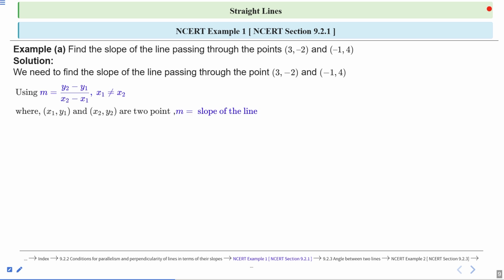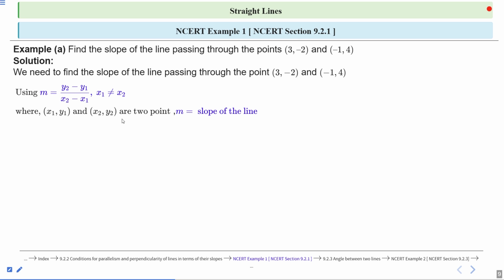Using this formula, m equals (y2 minus y1) divided by (x2 minus x1), where x1 is not equal to x2, where (x1, y1) and (x2, y2) are two points and m is the slope of the line.